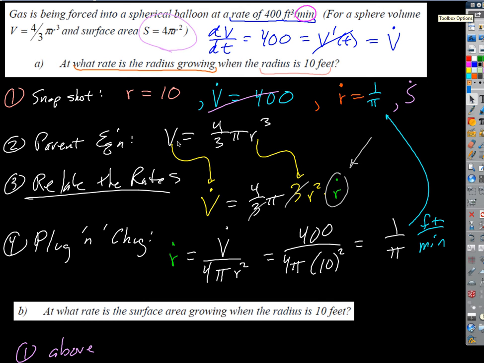If I differentiate the left side of the equation, what's the derivative of V with respect to T? Well, just dV dt. That's V dot, right? That's what the dot means. On the right side, if I differentiate this expression that has an R in it, I know I'm going to get an R dot out of it, guaranteed, by the chain rule. When I differentiate the R cubed with respect to T, that's a chain rule problem.